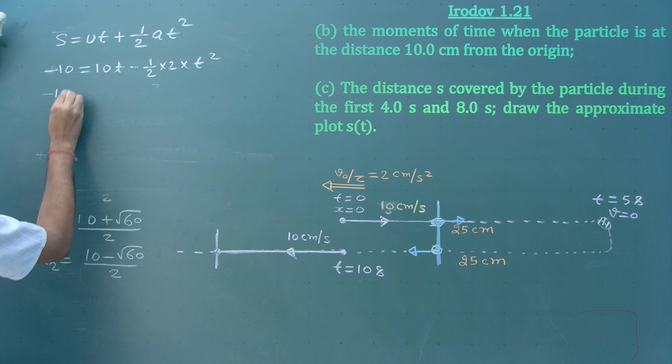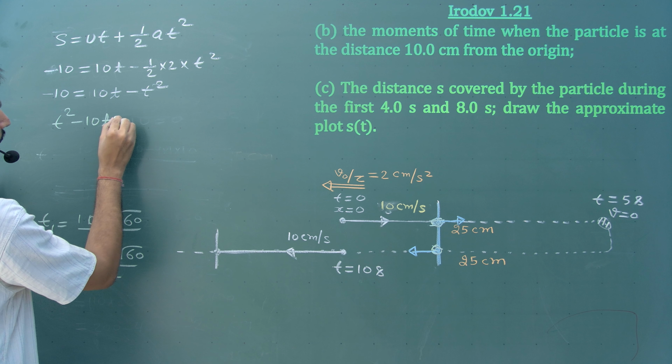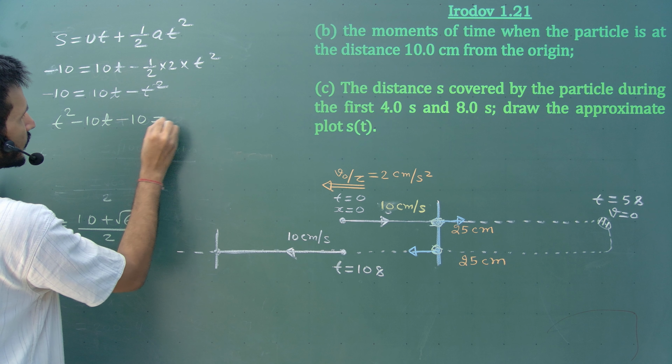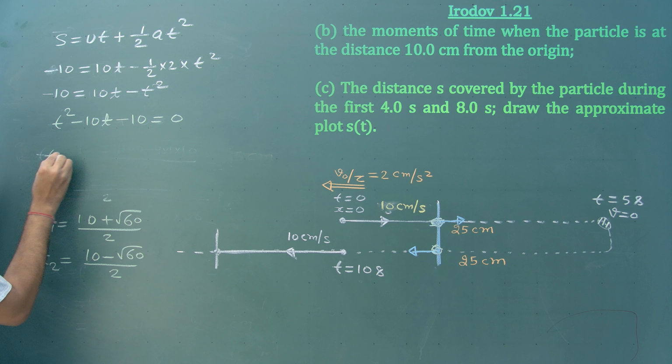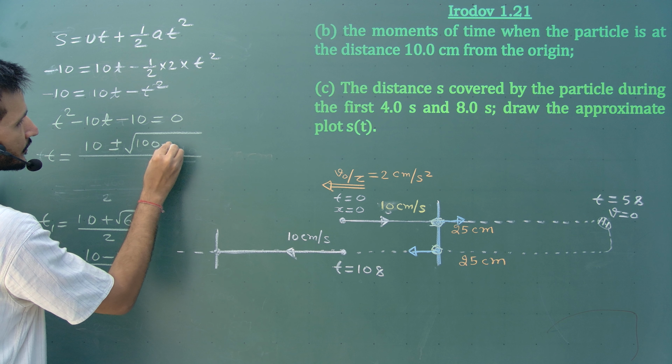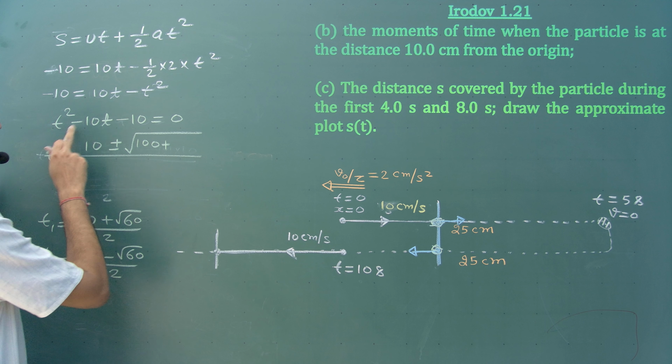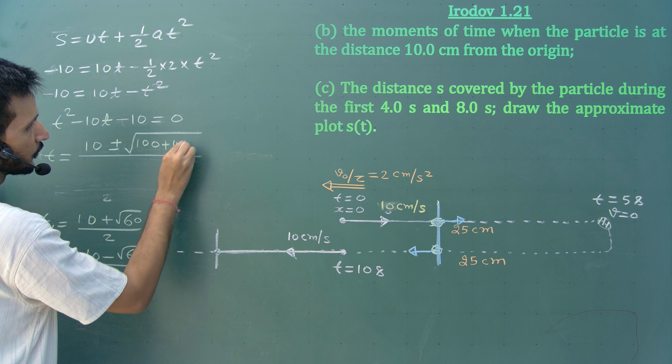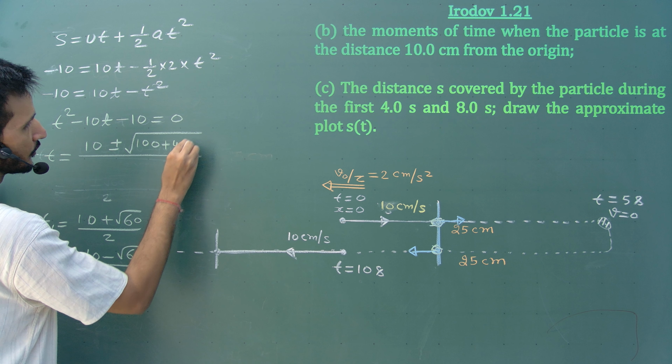It means that t square minus 10t minus 10 equal to 0. So t equal to minus b plus minus under root b square minus 4ac, and this minus becomes plus 4 into a into c, divided by 2.